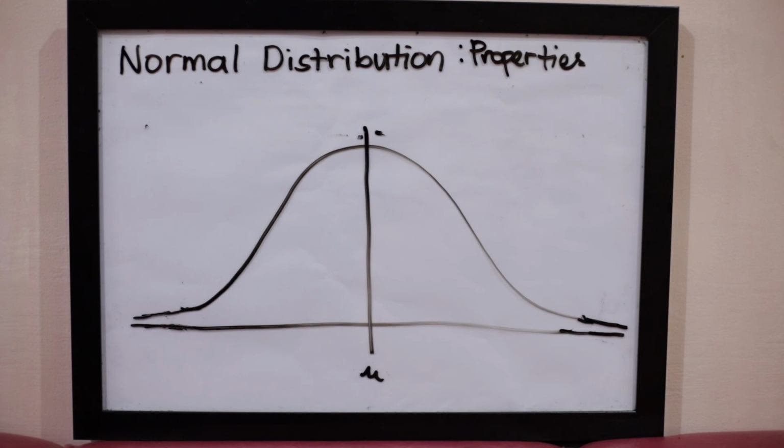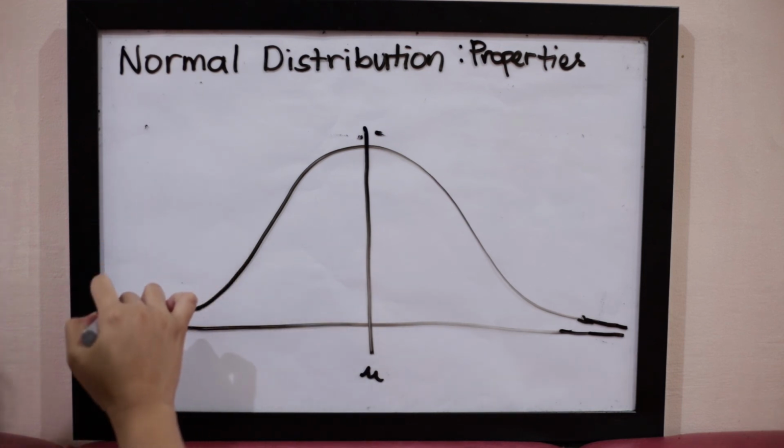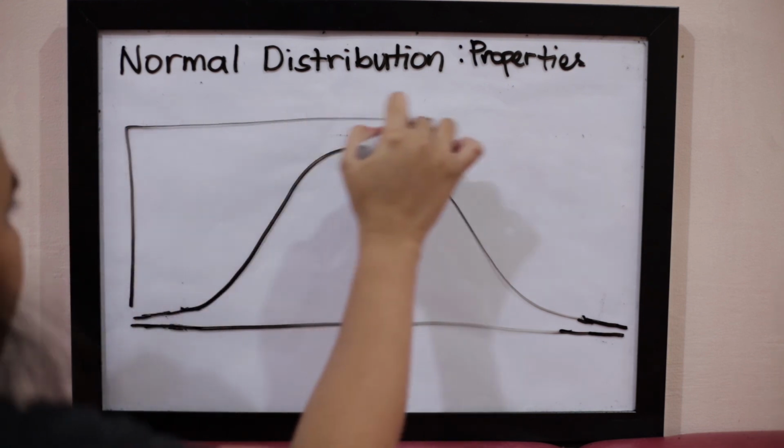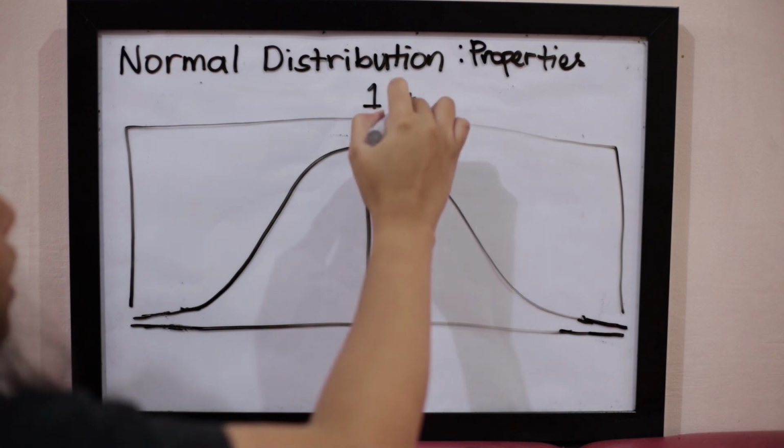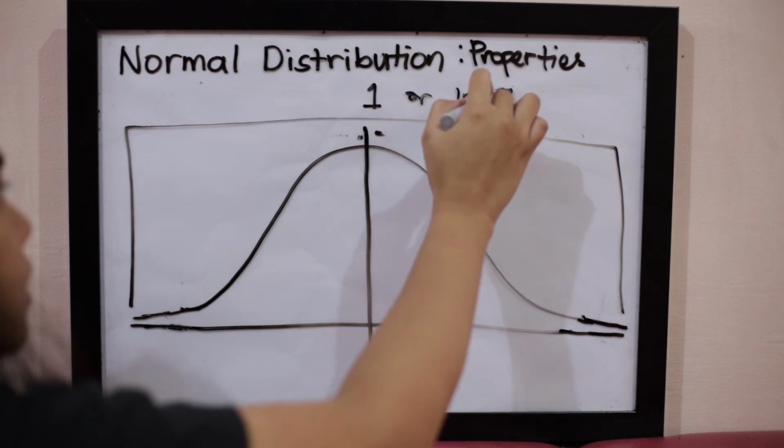Next, what is another property? The total area under the normal distribution curve is 1 or 100%. If we calculate this numerically, we assume that this whole normal curve is equal to 1 or 100%.